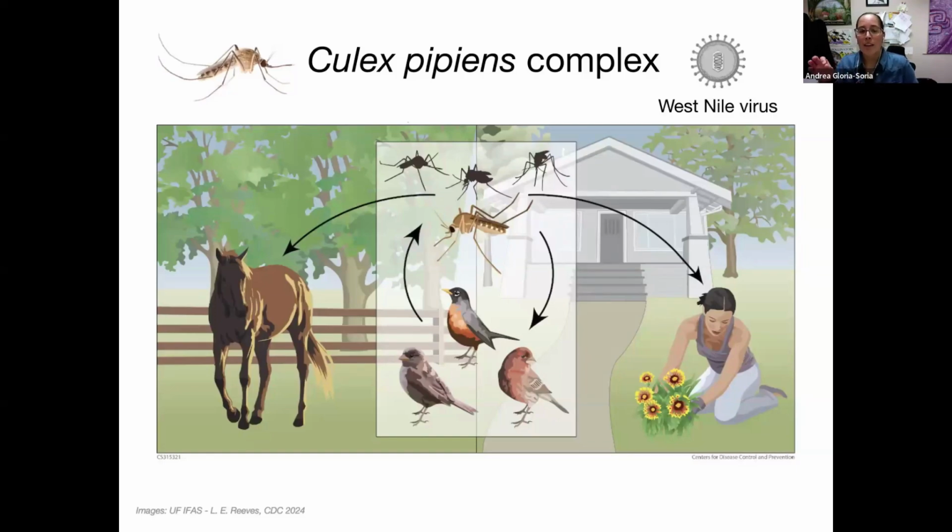However, it is transmitted to humans and horses by behavioral changes in their feeding preferences or through bridge vectors. Horses and humans are actually dead-end hosts, which means they cannot propagate the virus. They're not part of the viral cycle. However, they do end up being affected and carrying the disease if they receive the virus.